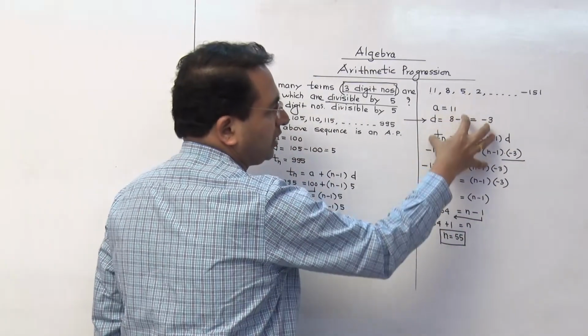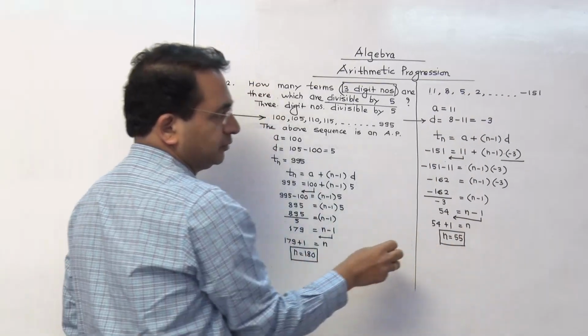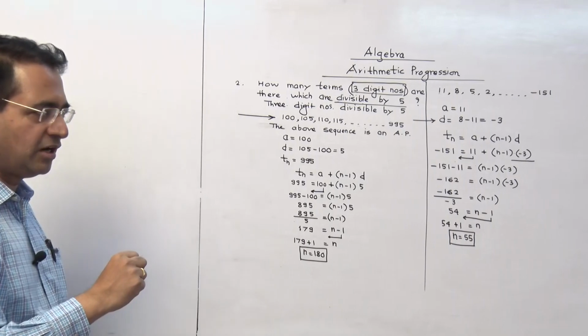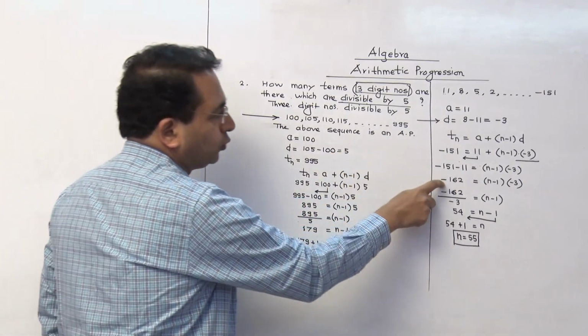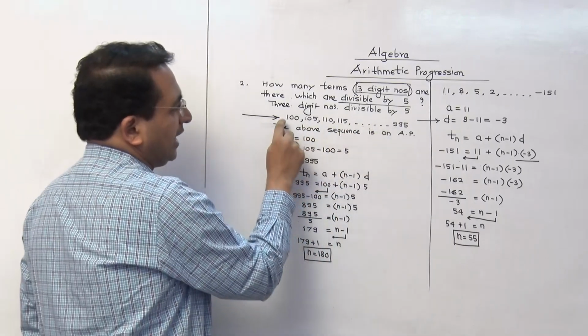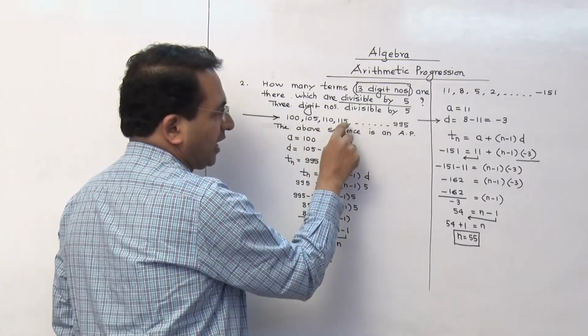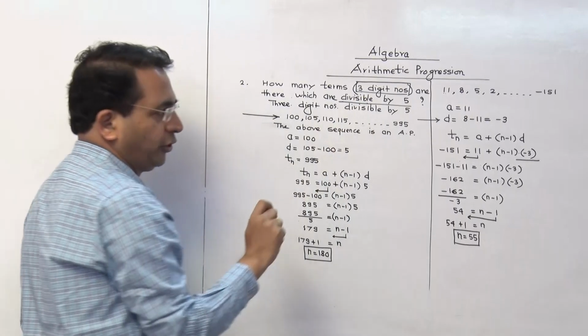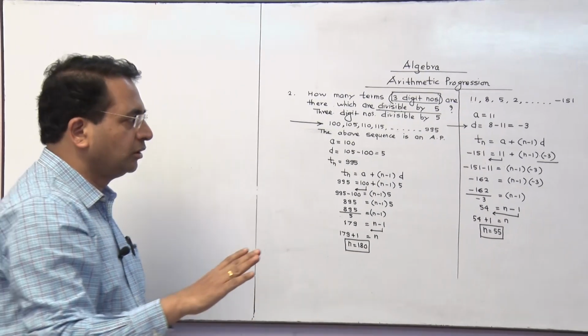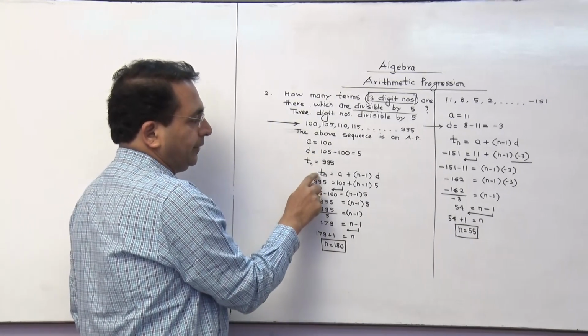So this question they will ask you for 2 marks, but this one they will ask you for 3 marks. This is for 2, this is for 3, because this sequence is not given. That we have to find out and write depending on the condition given to you. So that's the difference. Questions are based on this formula only.